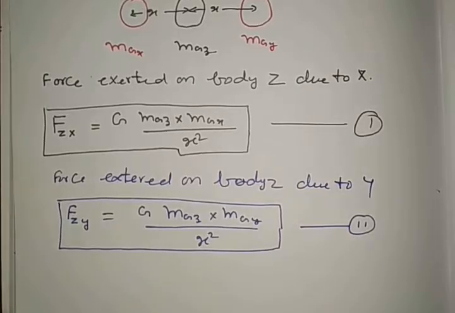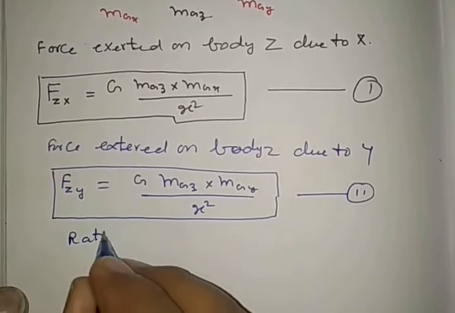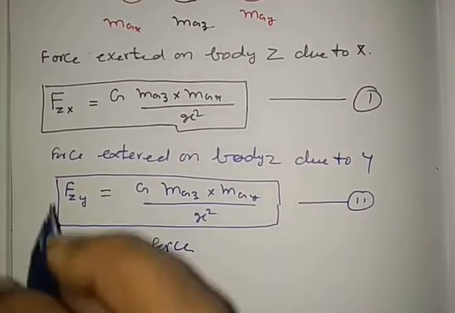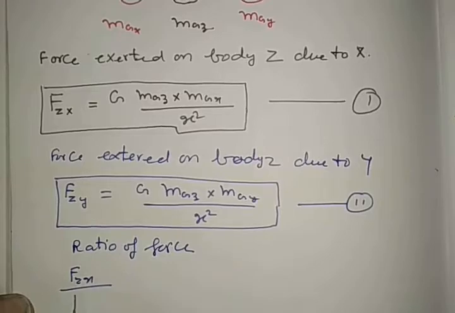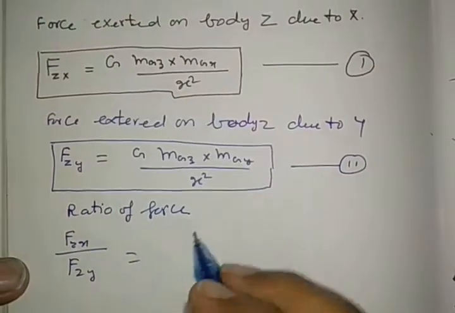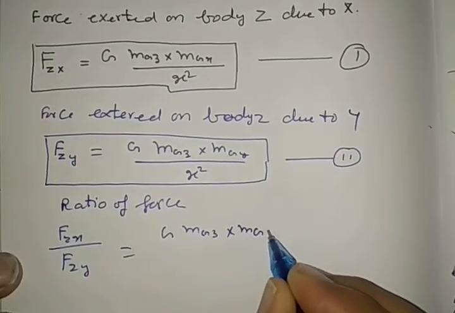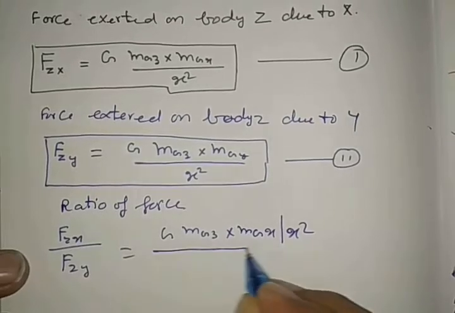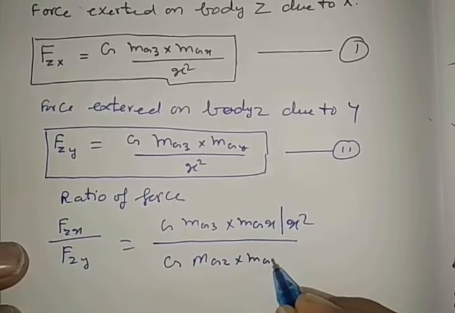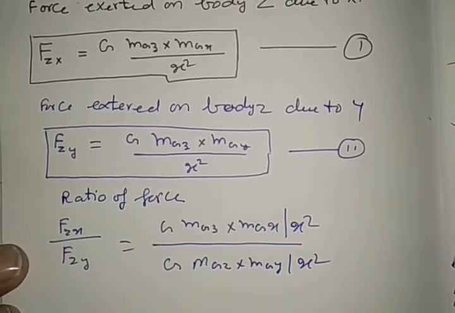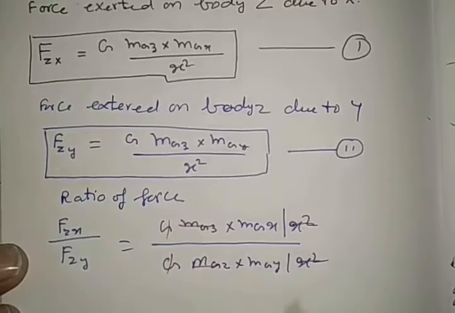Now we are going to obtain the ratio of these two forces. The ratio of forces we may write on the left hand side: F_zx / F_zy = (G m_gz m_gx / x²) / (G m_gz m_gy / x²). The terms that cancel here are G, m_gz, x² and x².